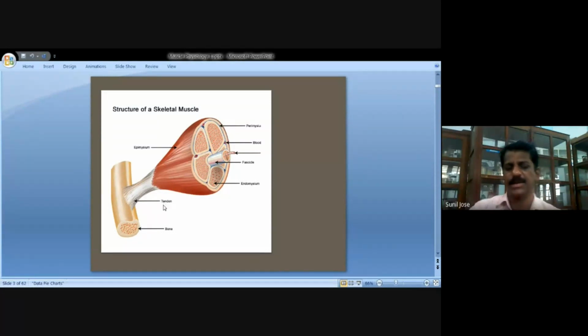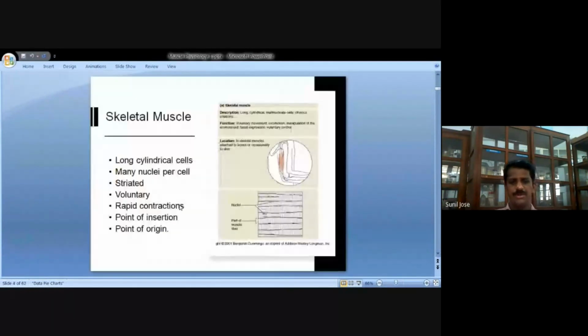It is by means of this strong rope-like structure that the skeletal muscle is attached to a bone. So since it is attached to a bone, we call it skeletal muscle. And all skeletal muscles have a tendon, by means of which they are attached to a bone.